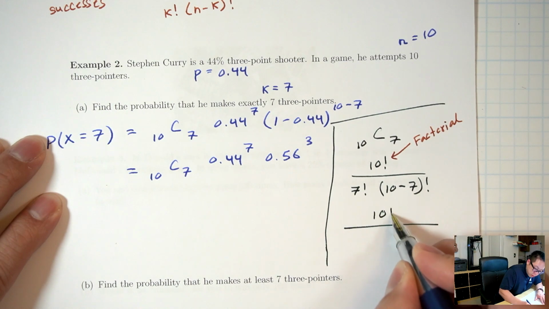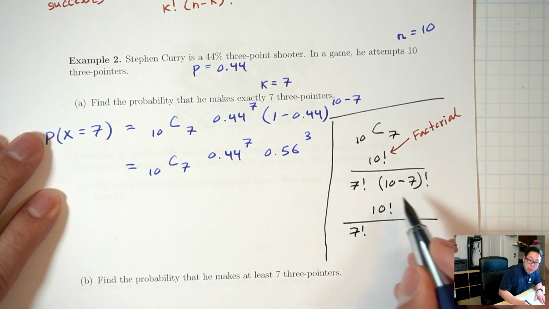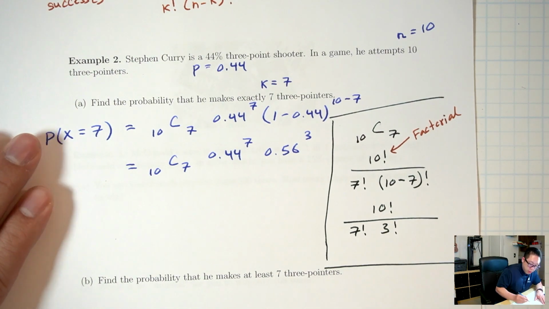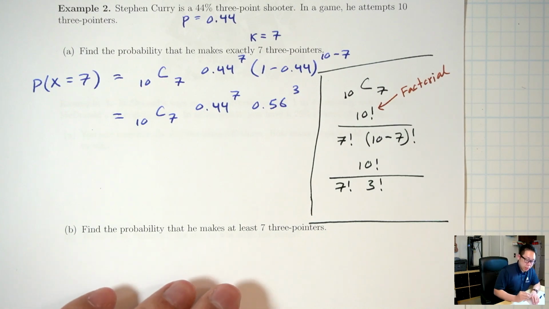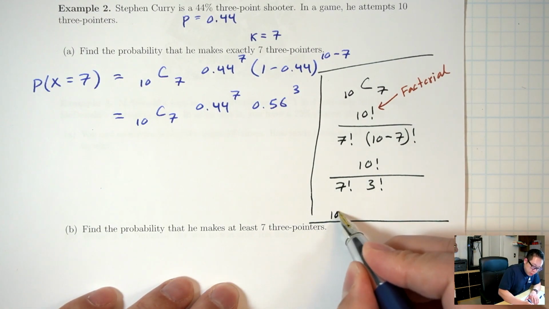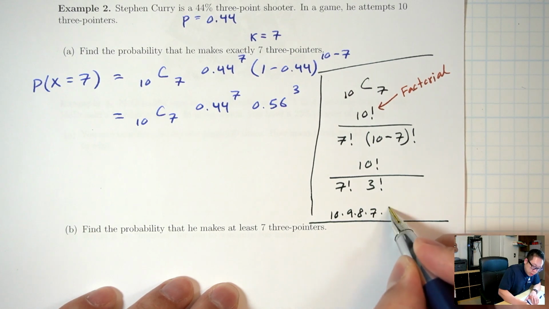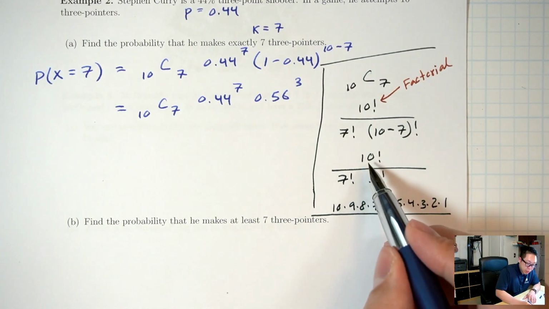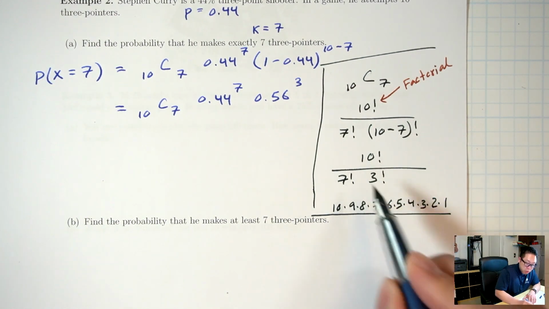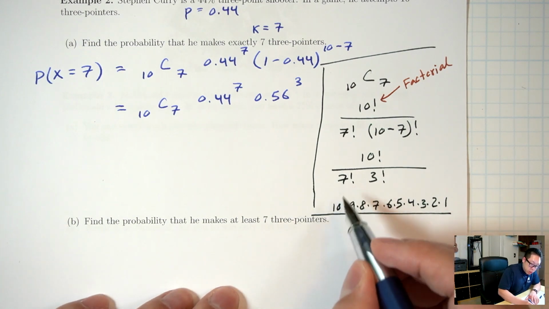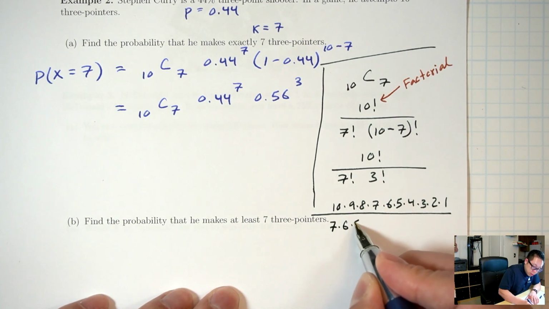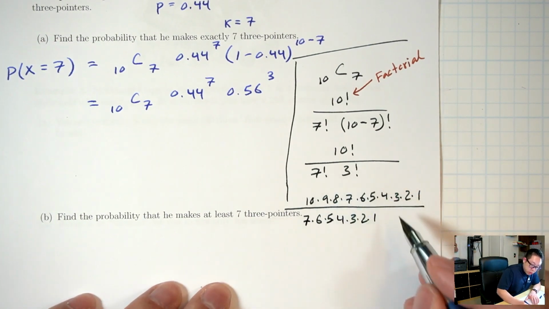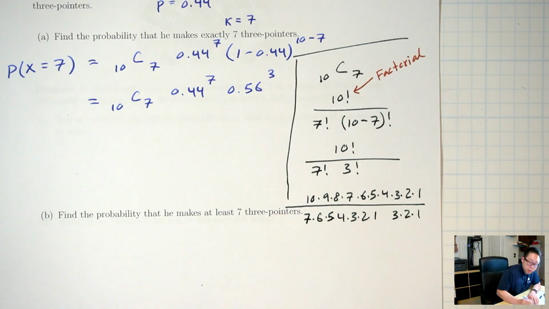So what we have is 10 factorial, 7 factorial, and then 10 minus 7 is 3 factorial. So what does this factorial mean? 10 factorial means 10 times 9 times 8 times 7 times 6, 5, all the way down to 1. So basically it means start with that number and then multiply going downward all the way down to 1. 7 factorial means 7, 6, 5, 4, 3, 2, 1. 3 factorial means 3 times 2 times 1.